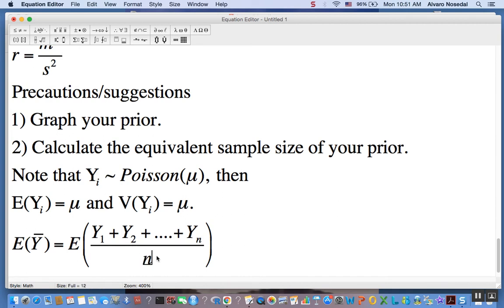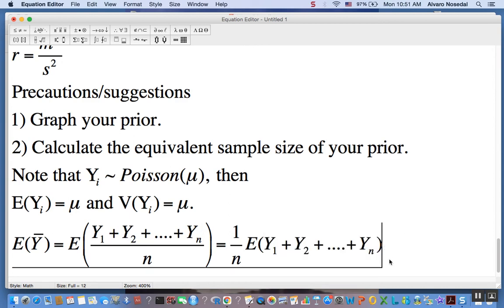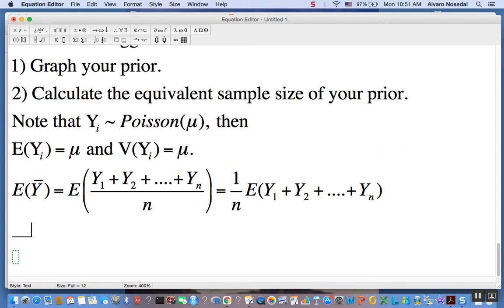divided by n. We know that the expected value is linear, right? So we can factor out that constant. So 1 over n, and then we have the expected value of that beautiful sum of random variables. We know again that the expected value is linear. In this case, what we mean by that is that the expected value of a sum is the sum of expected values.